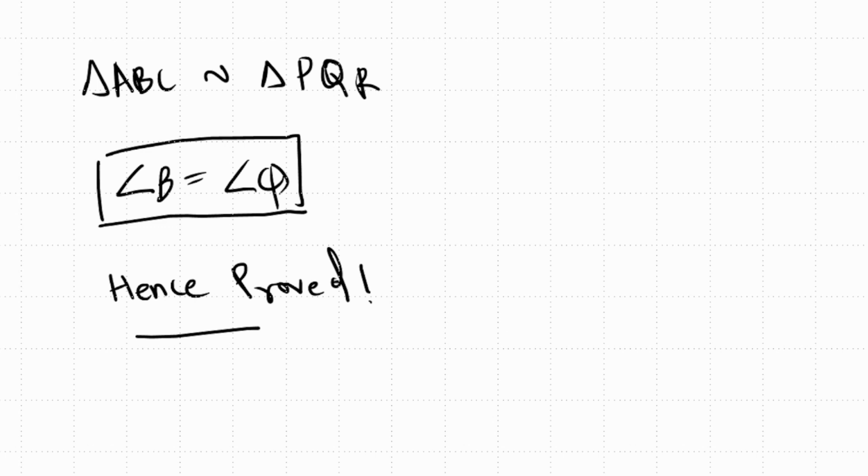Okay, so we have proved how to solve this question, that is angle B equals angle Q. So it does not really apply for sine. If in the question it's given cos A equals cos B or tan A equals tan B, it simply implies that if the cosine of two angles are equal, then the angles are equal.